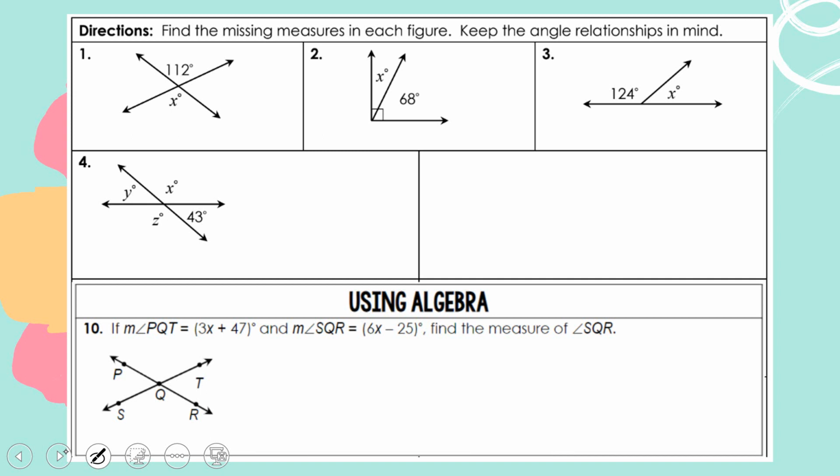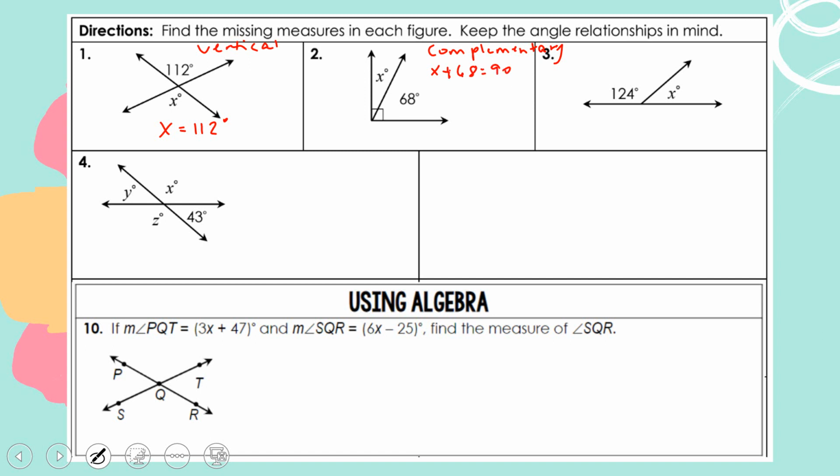So here are vertical angles, right? So this is vertical. And that means they're congruent, so x is equal to 112. Here, these are complementary. Which means that x plus 68 has to add up to 90.